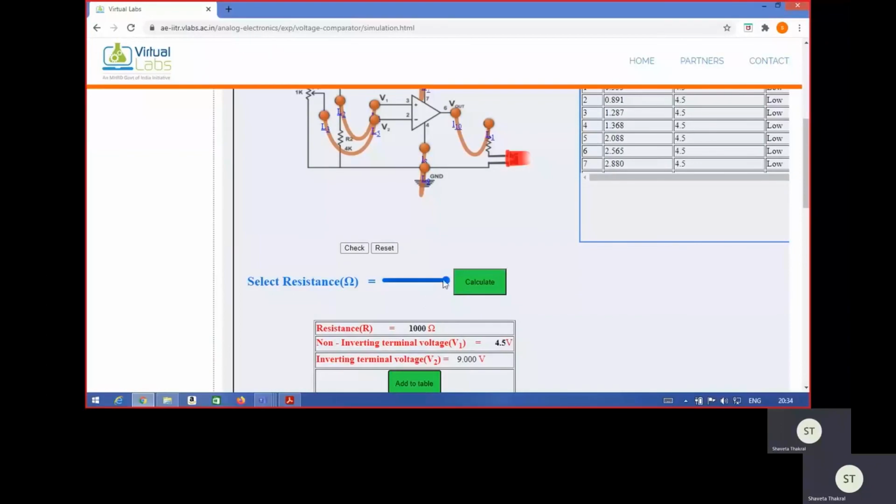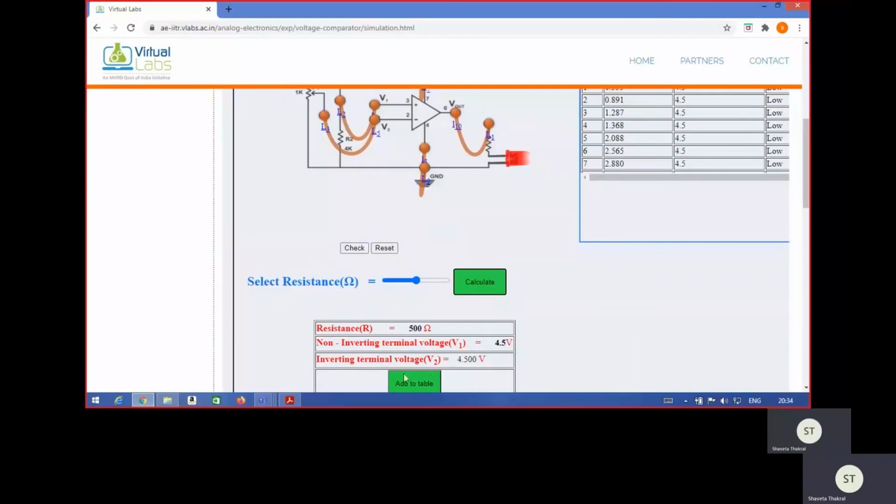Now if we put it to low value and calculate it, the LED stops glowing because the input voltage is less than this particular reference value. And we can see the third case, if we are putting this to let's say 500 ohm, both the values are same, then again the LED is glowing.